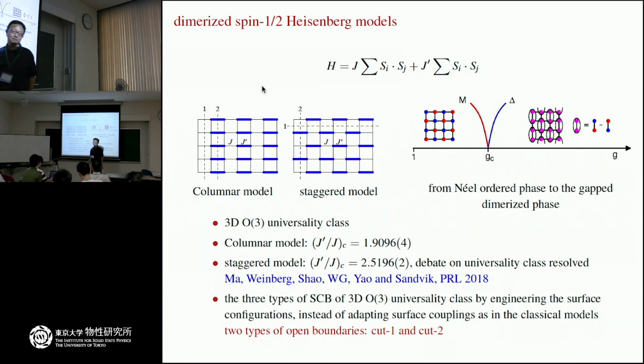Same formula, but different model. That's two models. Each model only has two phases. Yeah, sorry for this confusion. It's actually two models, but both of them have a Néel state and a gapped dimerized phase. Of course, they are different.